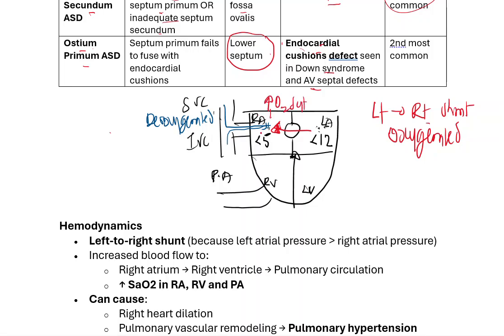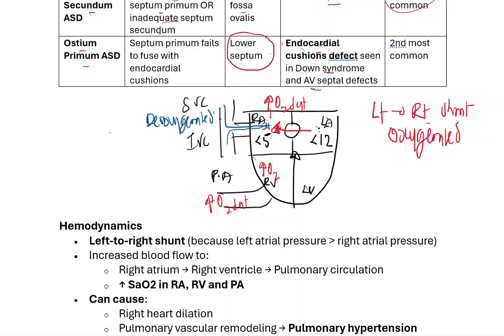And because of that, in the right ventricle there's also going to be an increase in oxygen saturation, and in the pulmonary artery as well. So when you do a cardiac catheterization in this patient, you're going to see increased oxygen saturation in the right atrium, right ventricle, and pulmonary artery.